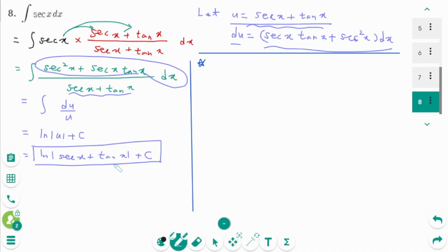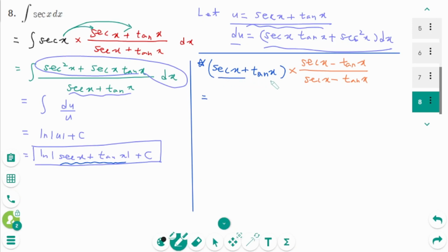Secant x plus tangent x times secant x minus tangent x over secant x minus tangent x equals, expand the numerator.